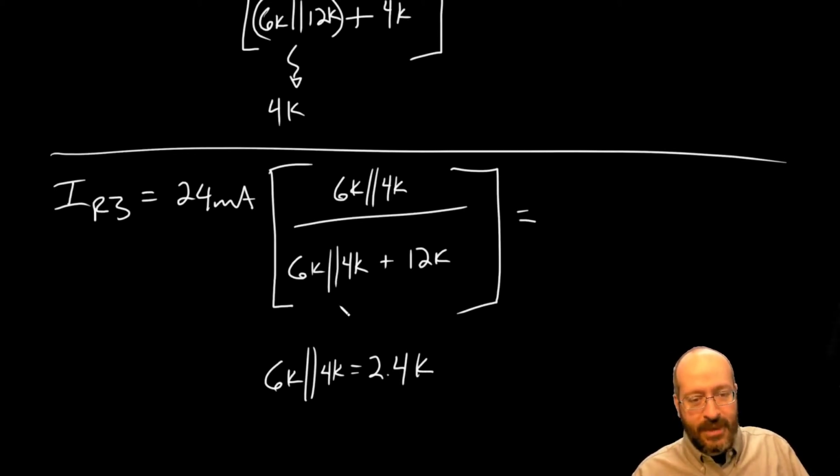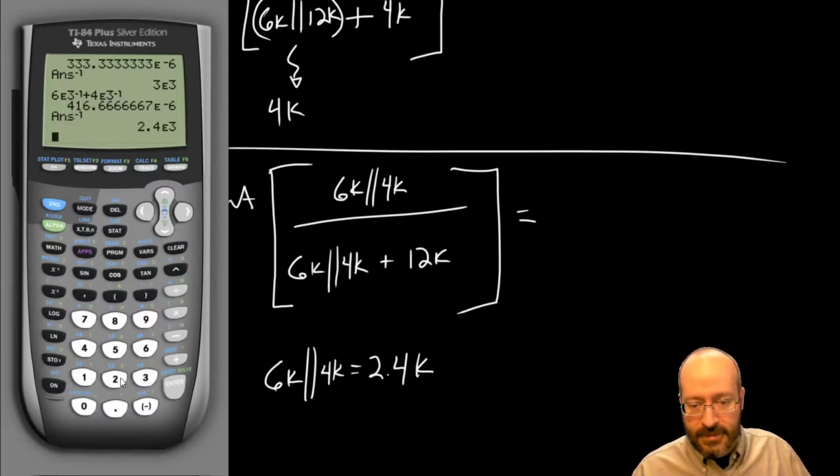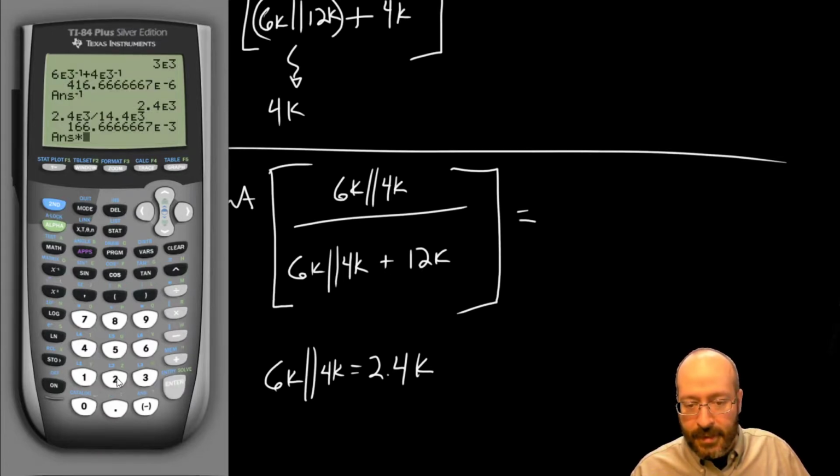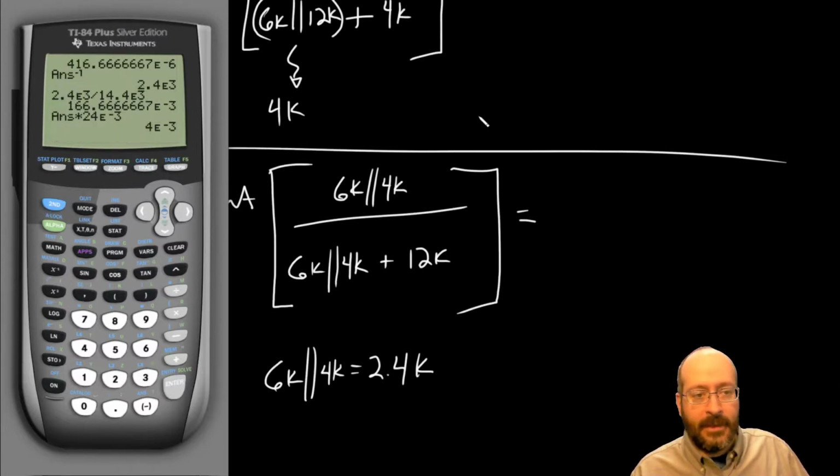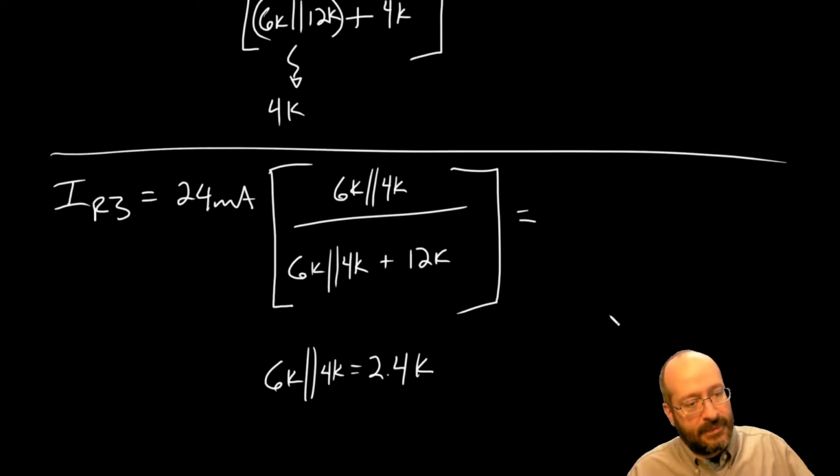So 2.4K over 14.4K. Let's go ahead and just do that here. 2.4K divided by 14.4K, since I add the 12K to the denominator, and I multiply that by 24 milliamps. And I get 4 milliamps.